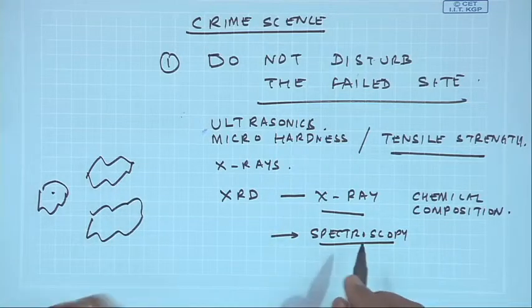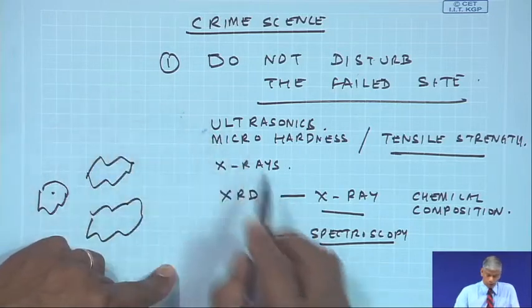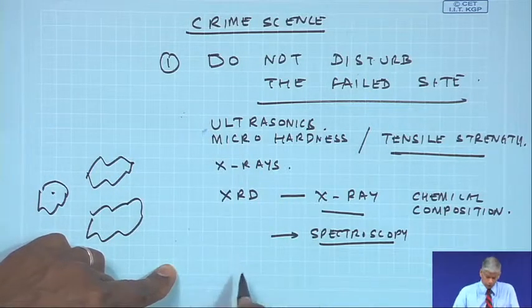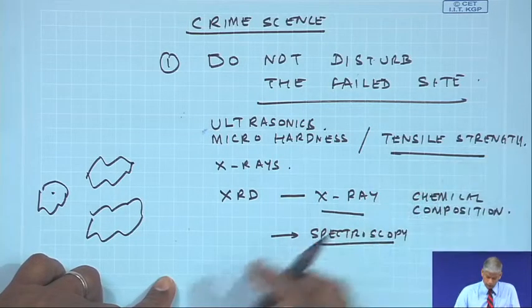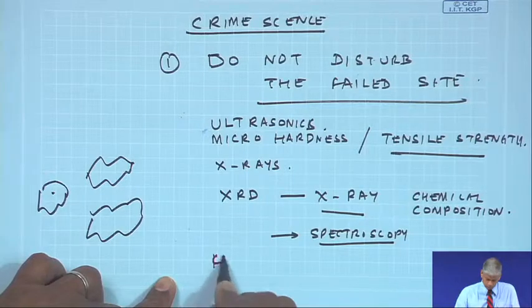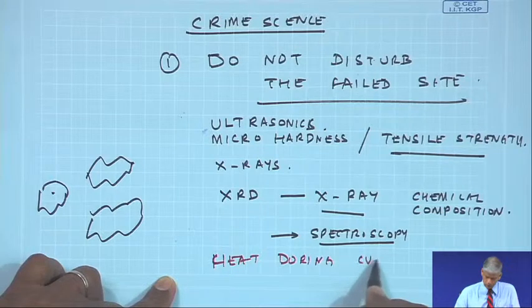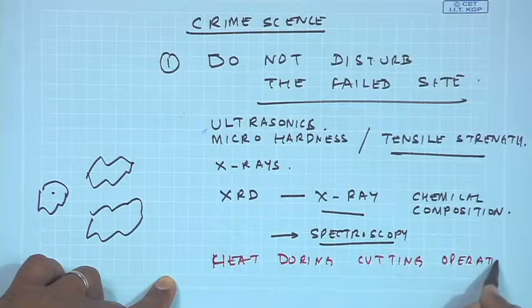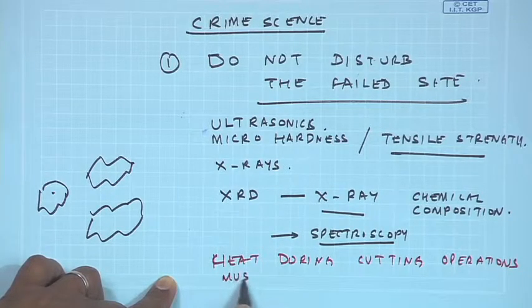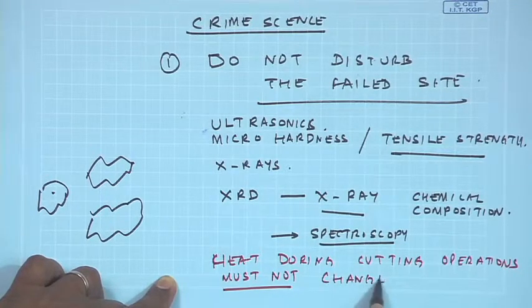So, we can take a sample, but when we take a sample, do not use any powered electric saws. The heat during the cutting operations must not change the microstructure.